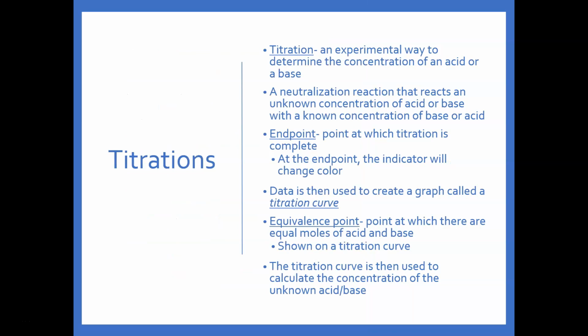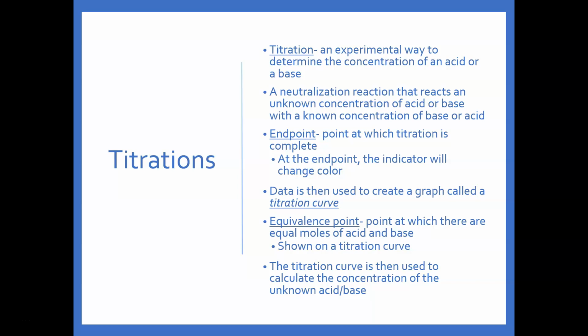This brings us to something called titrations, which you're going to be performing a version of in class. A titration is an experimental way to determine the concentration of an acid or a base. It is a neutralization reaction that reacts an unknown concentration of acid or base with a known concentration of base or acid. And you do this until you reach the end point, which is the point at which a titration is complete.